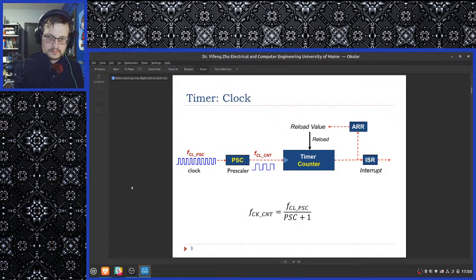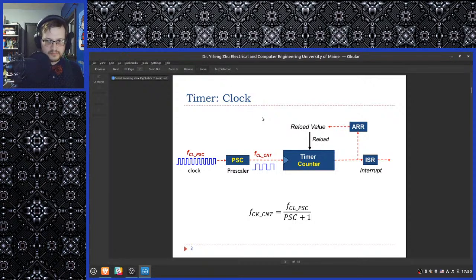So let's examine a timer. I'm going to start on this half, and then I'm going to go back to that half, okay? Let's just imagine we have some clock signal coming into the counter. Counters, as you might imagine, count. Timers count. They are counting circuits.